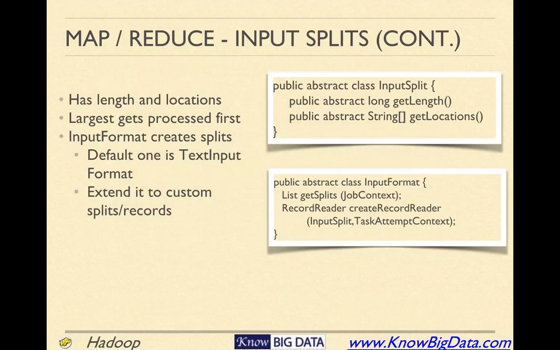And for converting the raw data into logical form, the whole block may not suffice. Therefore, you might have to fetch data from other nodes. All of this fetching of the boundary, or fetching of the remaining portion of a record from another node, is done by something called input format.